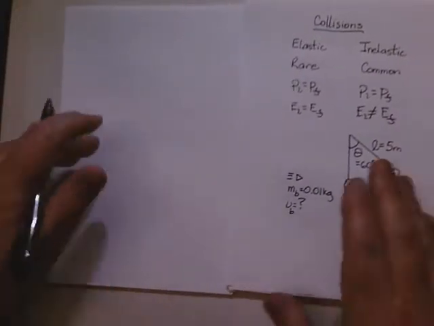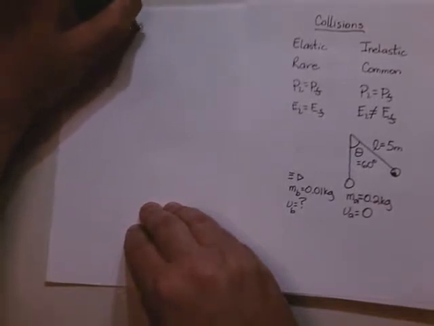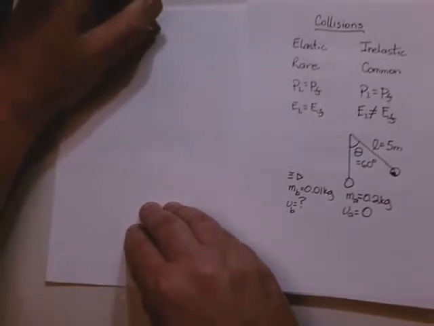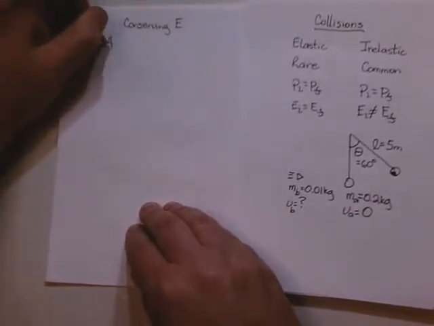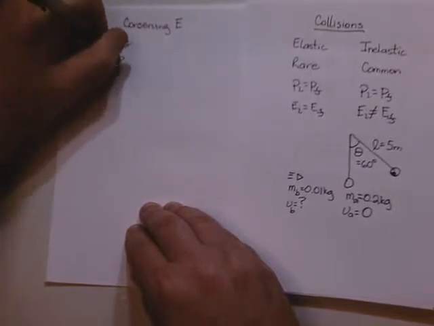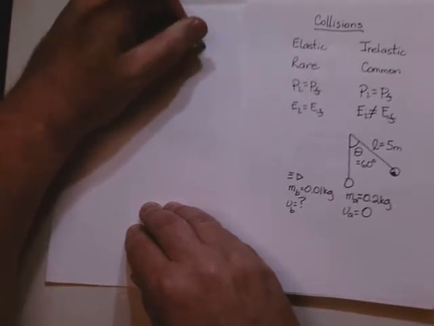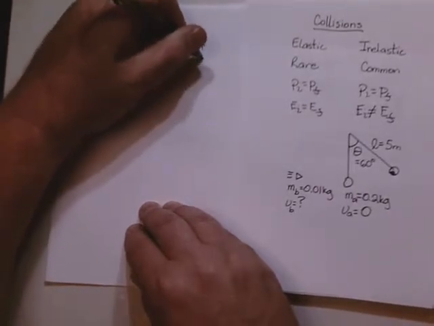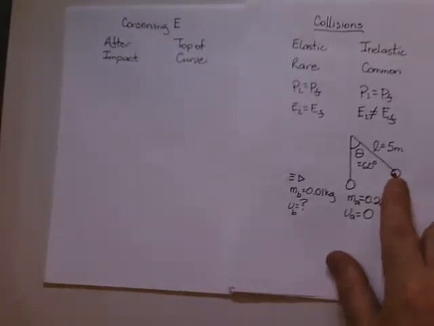It's a two-part problem. The first part that we do is actually conserving energy. And it is after impact to top of curve, or to the top of the arc, or whatever, when it comes to a stop right here.